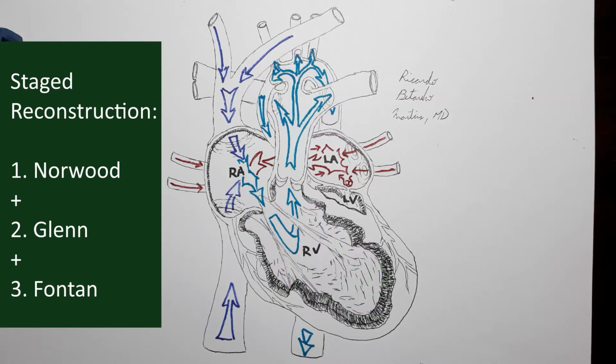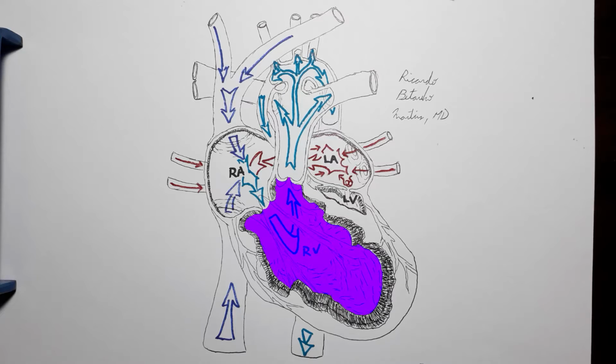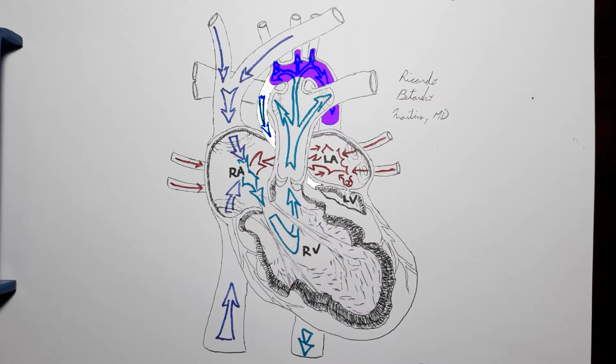If we have to pick a single circulation to pump into, either the pulmonary or the systemic, we are going to choose the systemic because it's the one with the higher pressure. And so, if we're going to take our only functioning ventricle and match it with the systemic circulation, we need some way for blood to get into the pulmonary circulation.